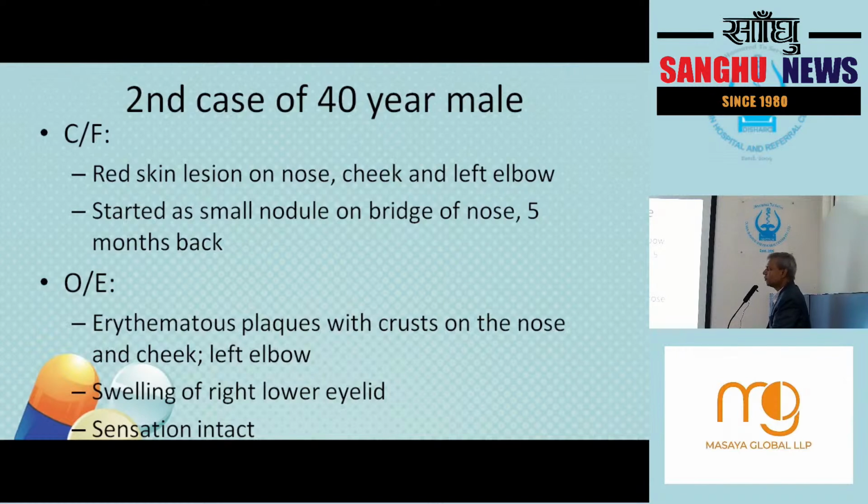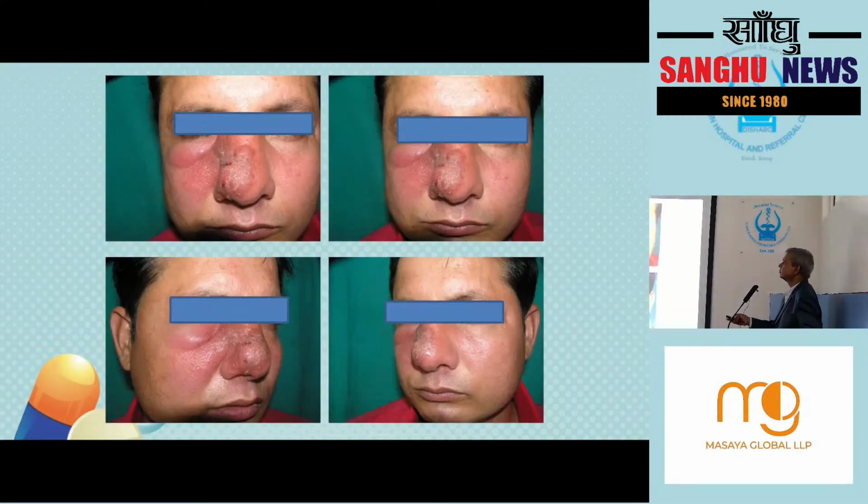Second case: a 40-year-old male presented with a red skin lesion on the nose, cheek, and left elbow. It started as nodules on the bridge of the nose, with a history of 5 months. He presented with erythematous swelling on the nose.